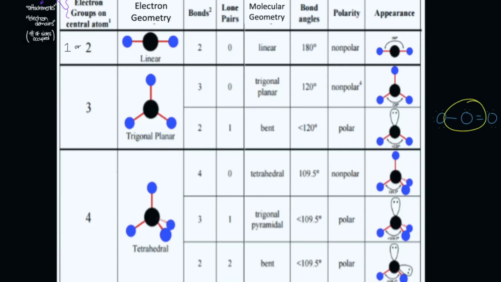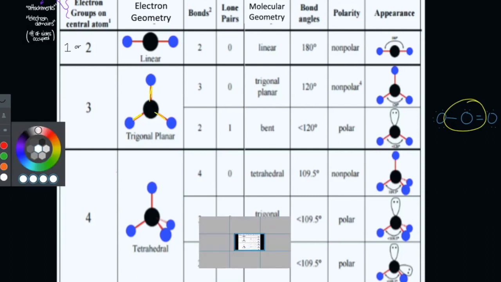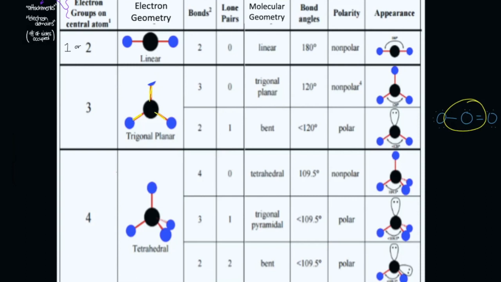And so my electrons assume a trigonal planar shape. That is the geometry that those electron groups take. But can we see electrons? No, electrons are just energy. So one of those attachments is a lone pair. I cannot see it because it's electrons, and I can't see just energy. So it still impacts the surrounding bonds, but we can't see it.